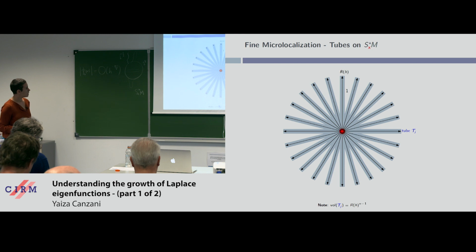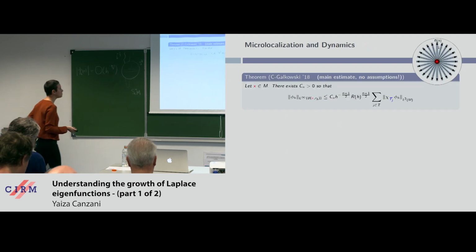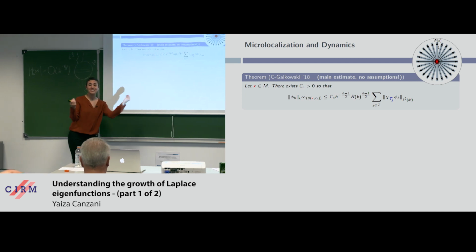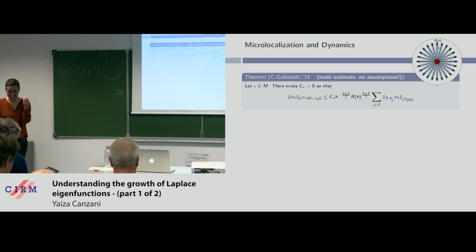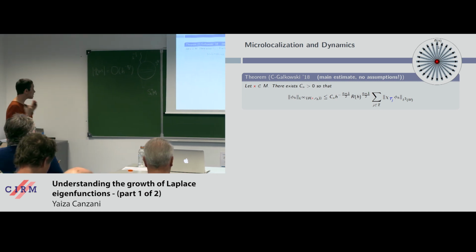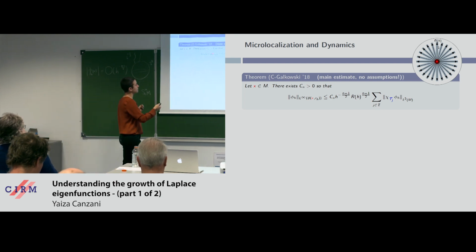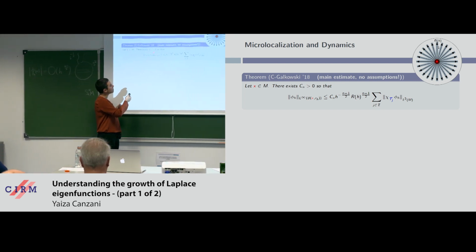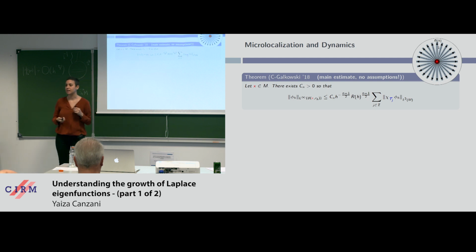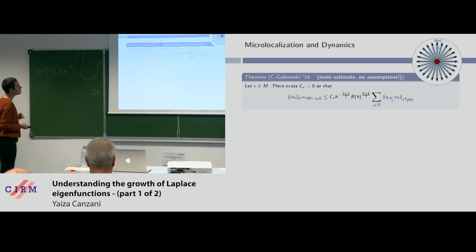OK. So the first result that we proved, and this is really the nice result that we proved, works under no assumptions on the geometry of your manifold. You just fix a point X. And if you want to understand what's the value of your function at the point X, this is how you should, so this is a ball, radius R of h, that's going to 0, and center at the point X. So think of this as evaluating your function at X, the absolute value.